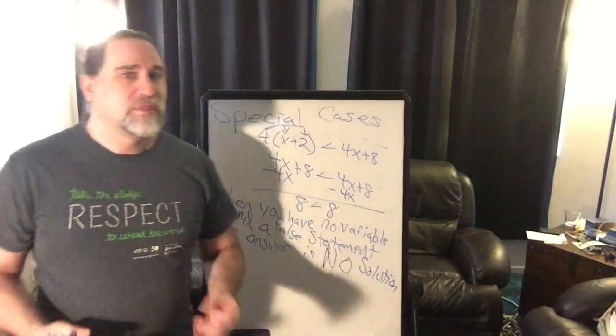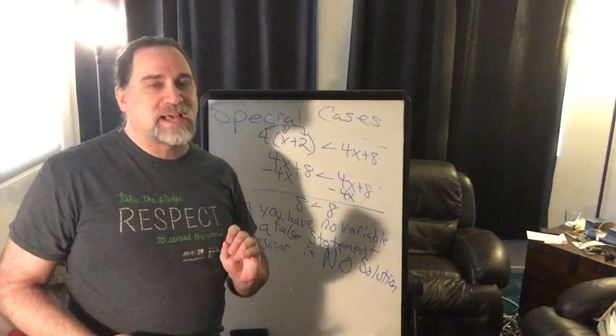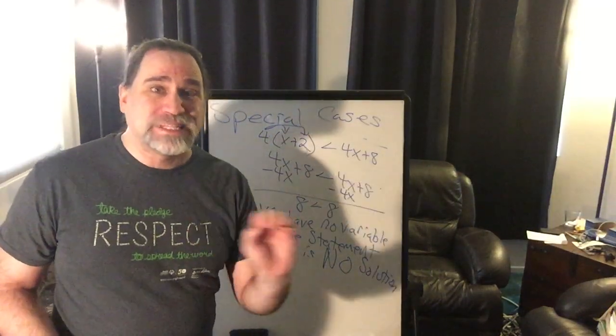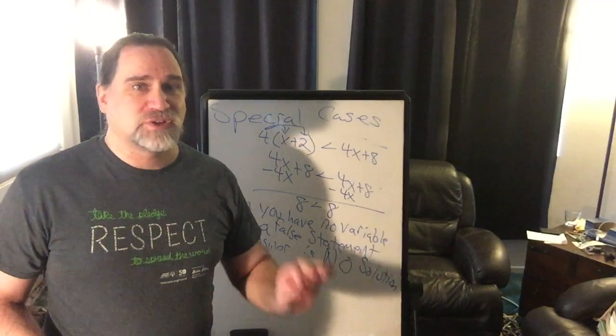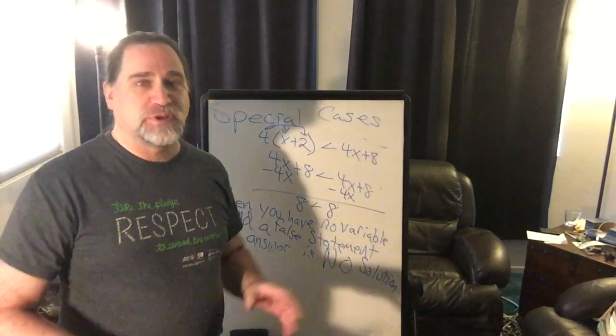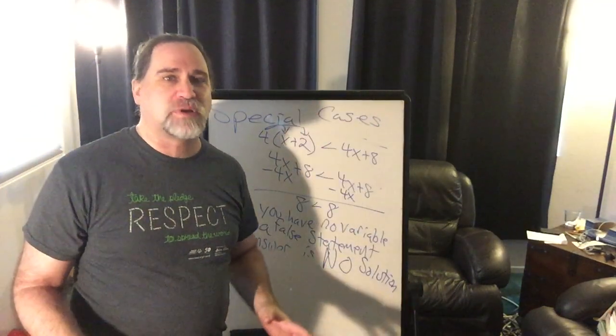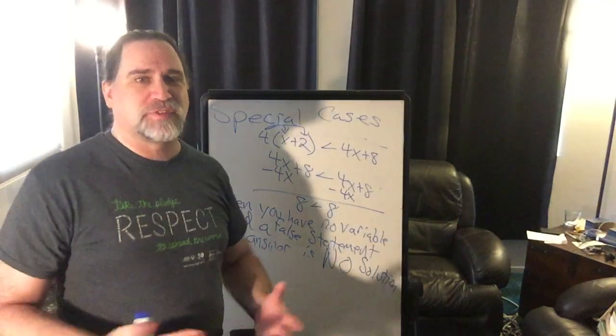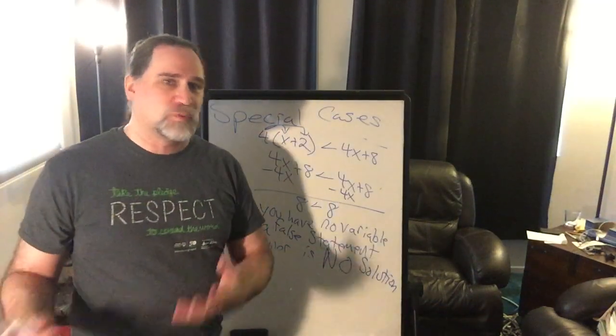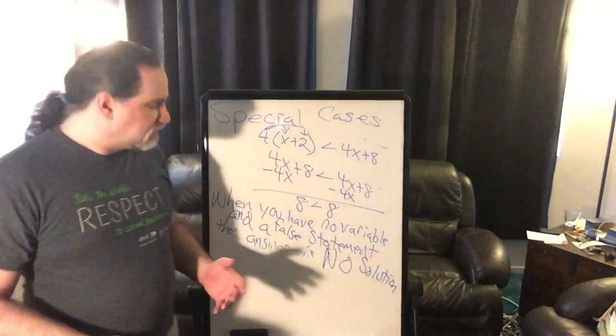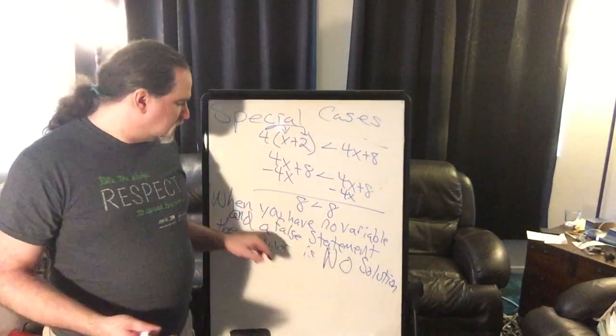And I'm telling you now, there are going to be other times when you're in other math classes where no solution is a completely legitimate answer. It is what you're looking for, and you will prove that there's no answer to this problem. And that actually is the answer, that there is no situation where this works. Okay? And for our purposes, this is when it happens.